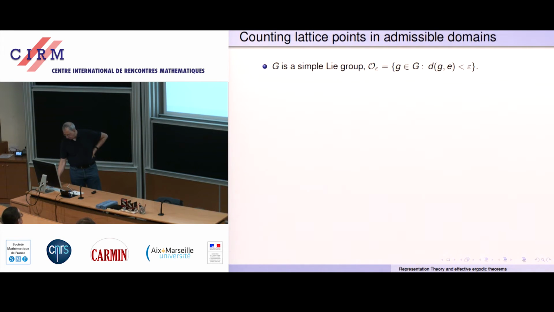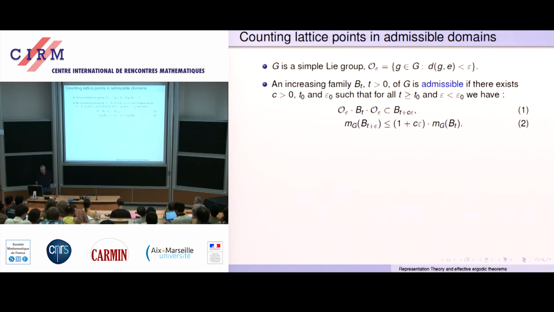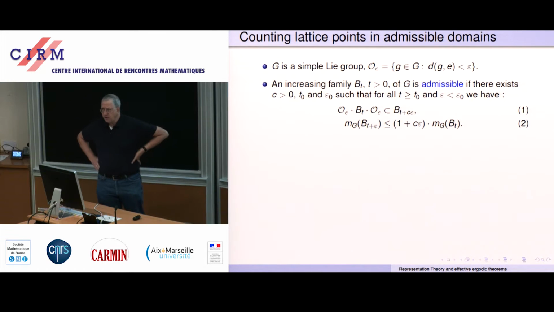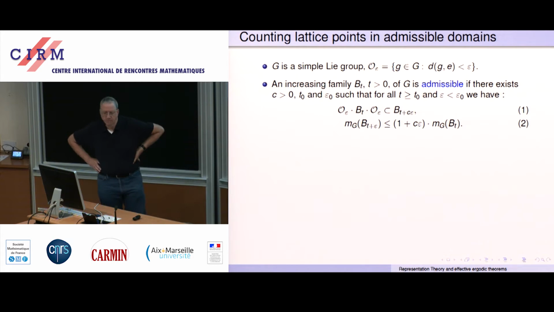Okay, so our setup, to remind you very briefly, is that G is a simple Lie group and O epsilon is a small neighborhood of the identity. We have an increasing family B_T of sets in G, and it is called admissible if there exist constants C, T naught and epsilon naught, such that for all sufficiently large T and all sufficiently small epsilon, we have two properties.